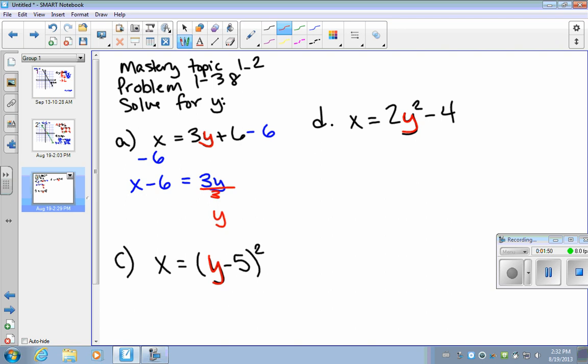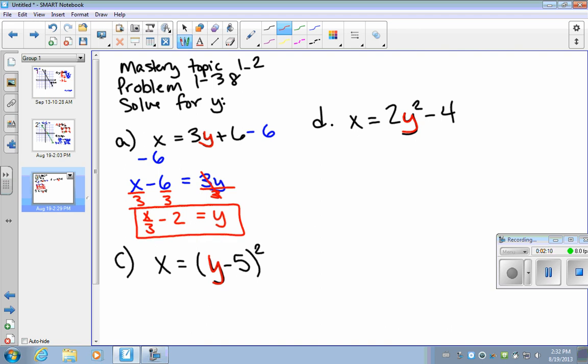But anytime you divide by something, you have to divide everything by that something. So y on this side now equals x over 3 minus, and 6 divided by 3 is 2. So that's how I'd solve for y for problem A.